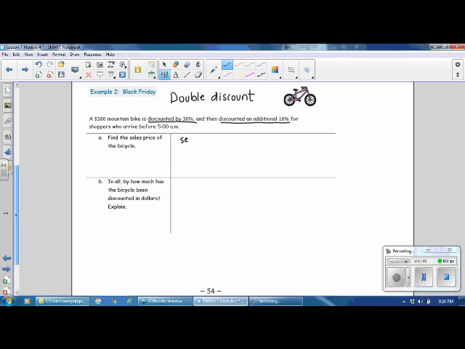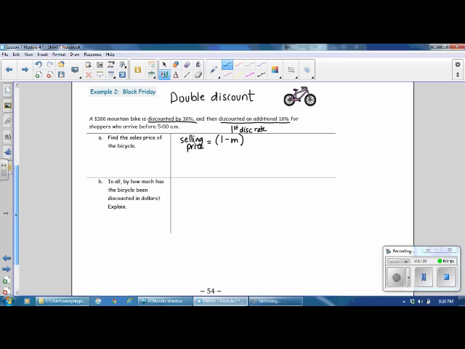So our selling price is equal to the percent, and remember that the percent is going to be 1 minus m, where m represents the first discount rate.